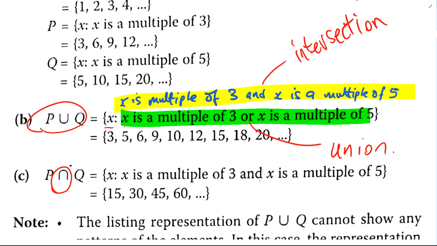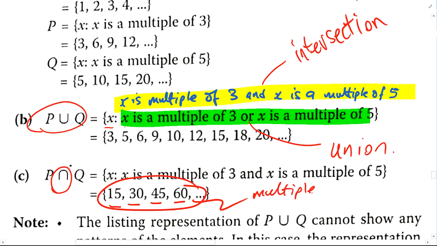It's a multiple of 15. See? Multiple of 3, multiple of 5, multiple of 3, multiple of 5. These are all multiples of 15. So instead of writing it is a multiple of 3 and a multiple of 5, you can write it is a multiple of 15. Because that's how multiples and factors work.